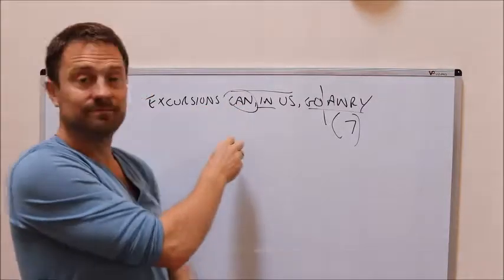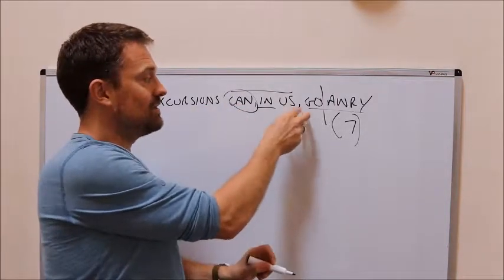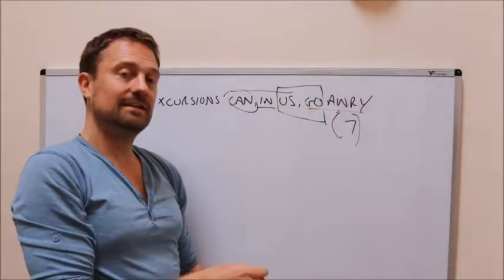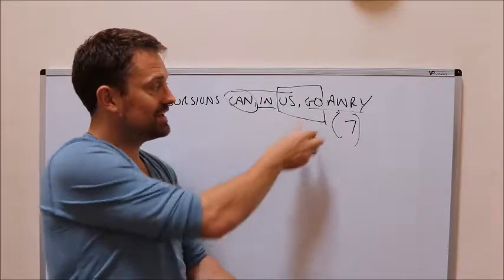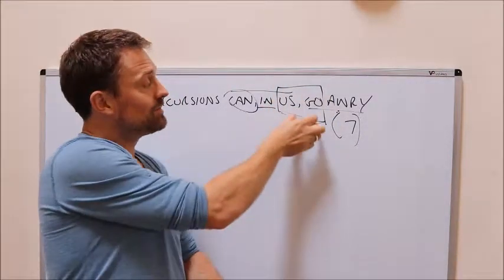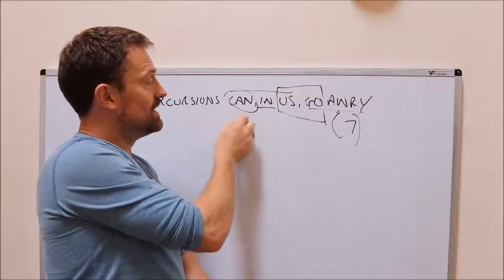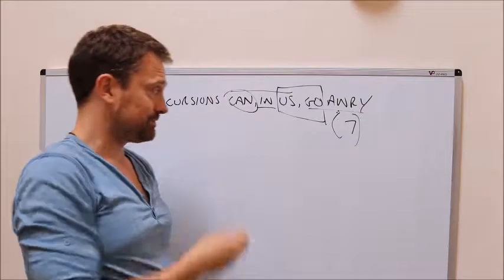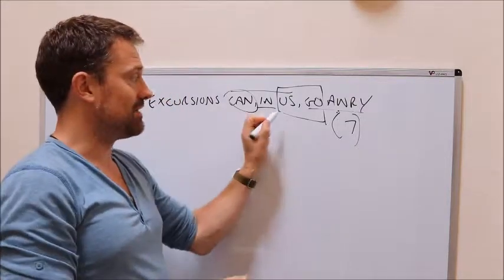this is function. Can is within US go awry. So because that indicator, to be the correct part of speech, it had to refer to go and some other letters. So it was US and go, and a word for can meaning in, and the answer was excursions. So after a while you play around with that.